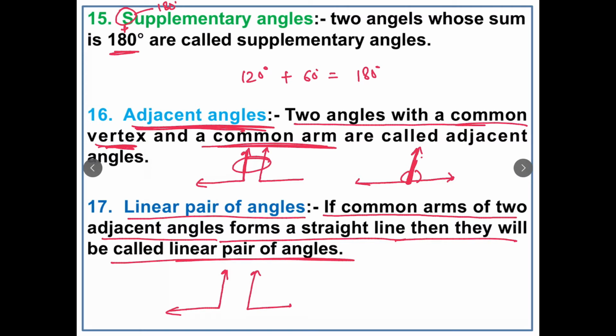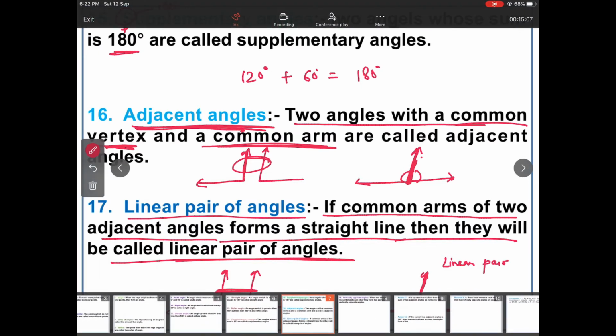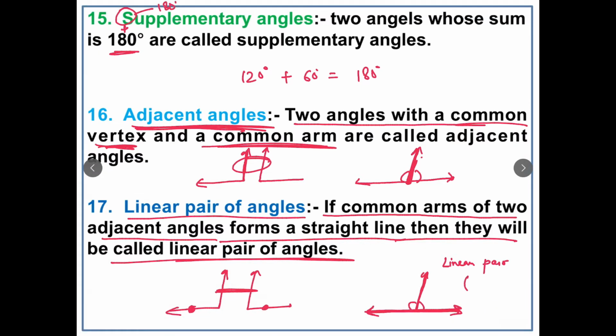If we join these two angles having this common arm, you will find that these two non-common arms are forming a straight line. In that case, these two angles will be called a linear pair of angles. In short, we call them LP. LP is for linear pairs.